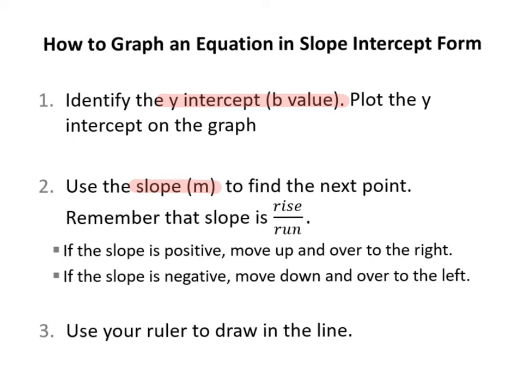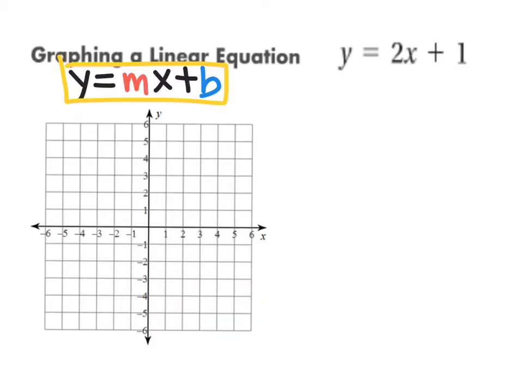If the slope is positive, you move up and over to the right. If the slope is negative, you move down and over to the right. And then finally, use your ruler to draw in the line.